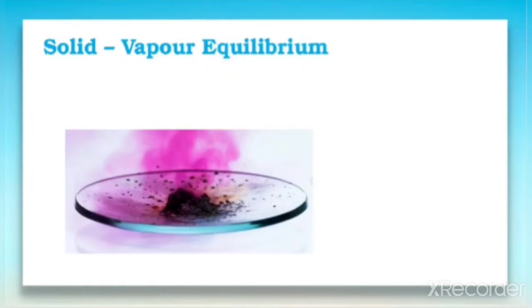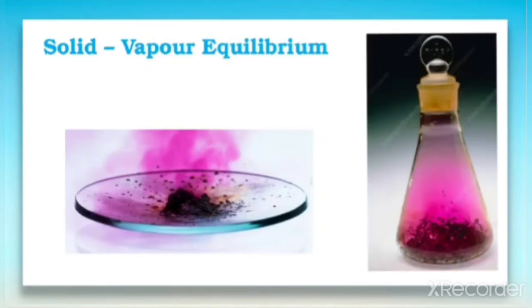So if we place solid iodine in a closed vessel, after some time the vessel gets filled up with violet vapors. As you can see in this picture, the glass vessel is filled with vapors that are violet in color. As time passes, the intensity of this color increases.